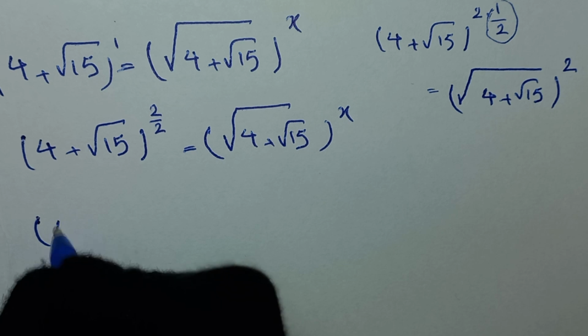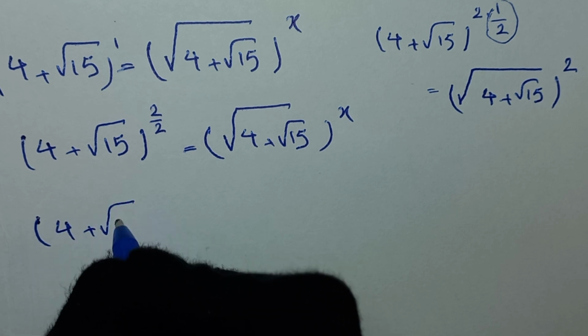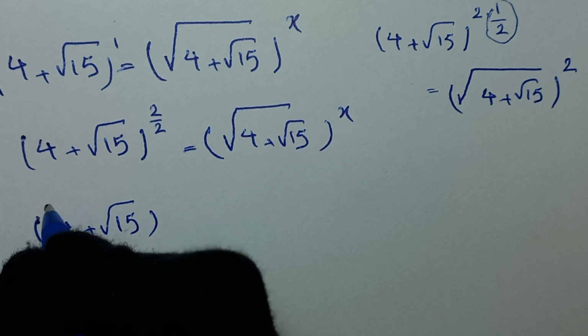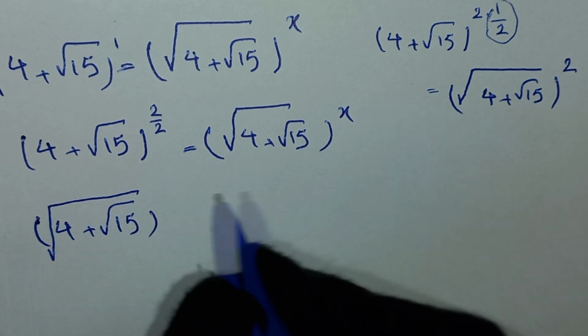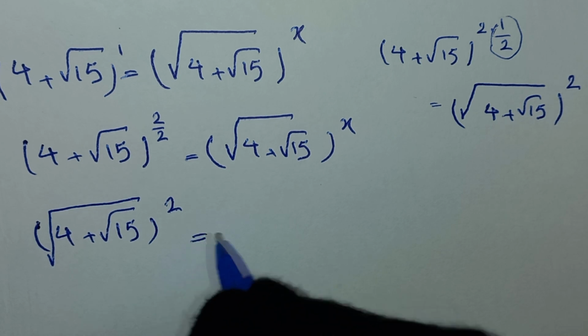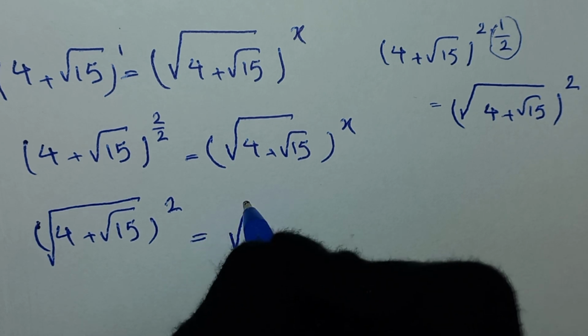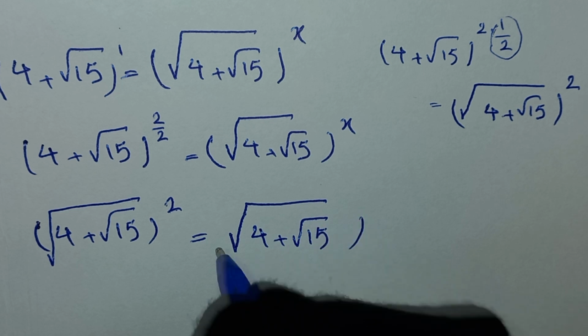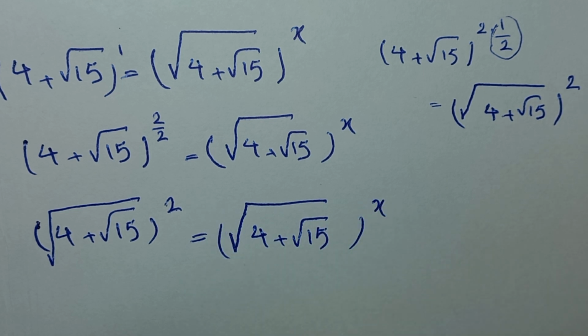So it will be square root of 4 plus square root of 15, to the power of 2. And this is equal to the square root of 4 plus square root of 15 to the power of x.